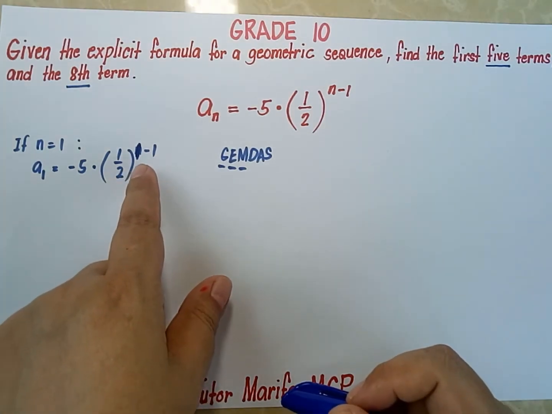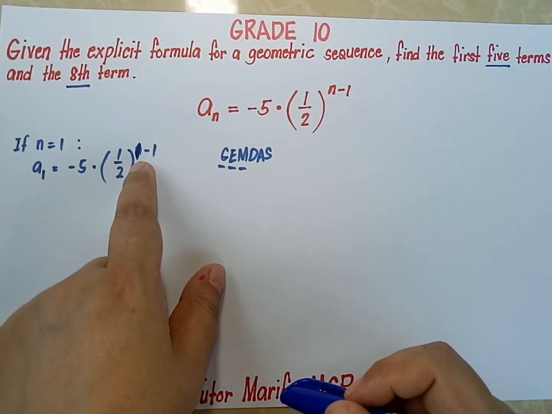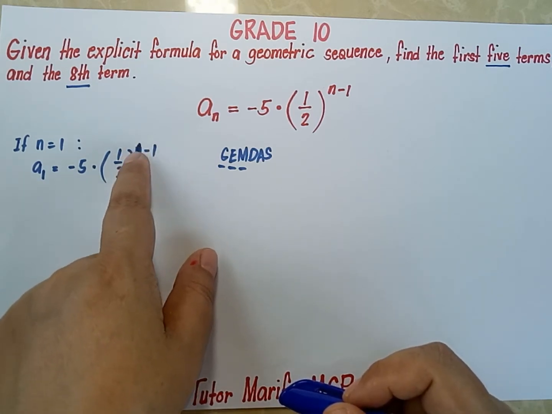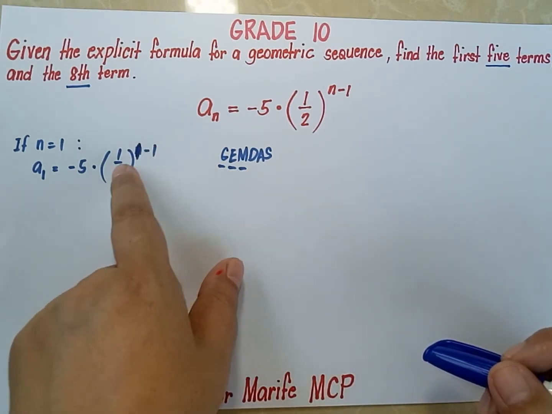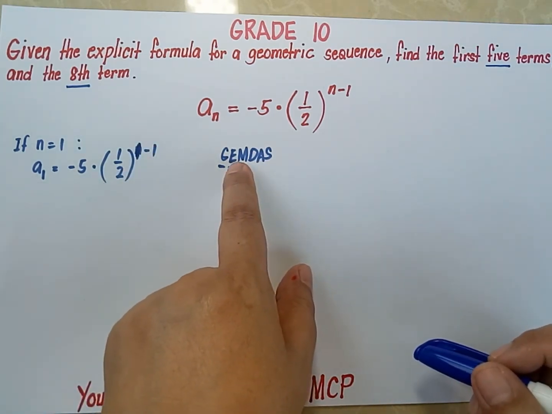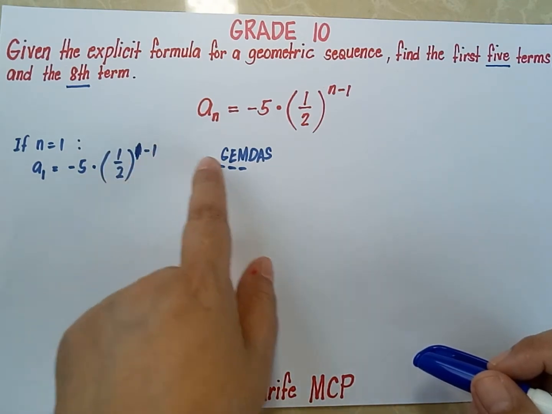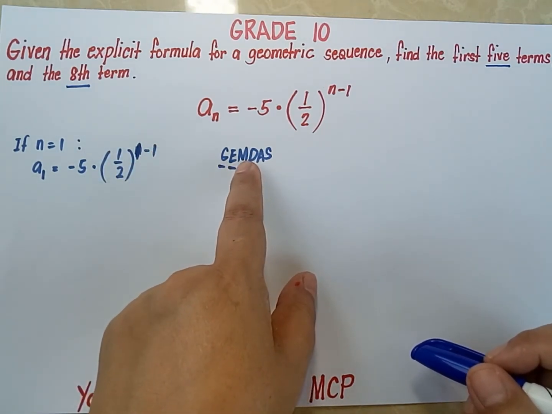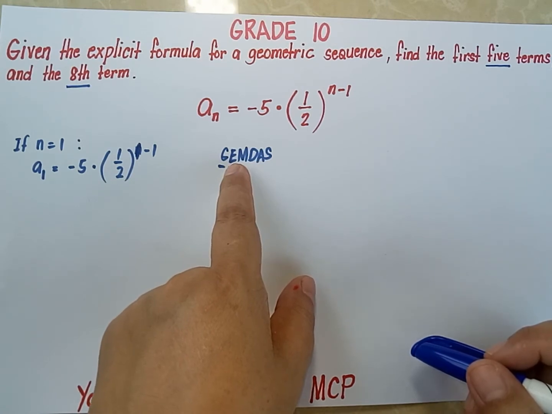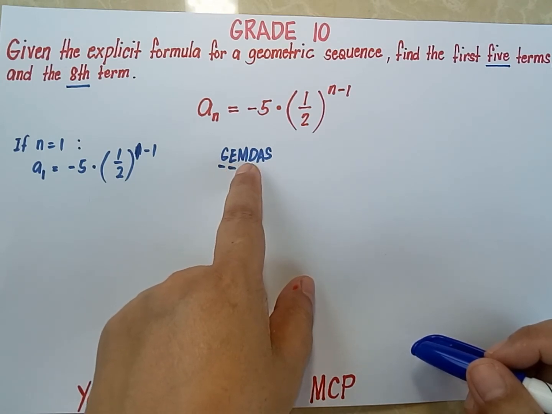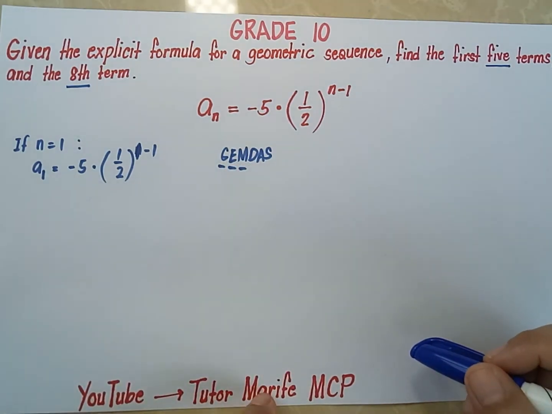So, after plugging in your 1, and of course, evaluate the difference dito sa exponent, you have to evaluate the exponential expression first before you multiply. Because E comes before M. So, mauuna ang exponentiation kaysa sa multiplication. Okay?